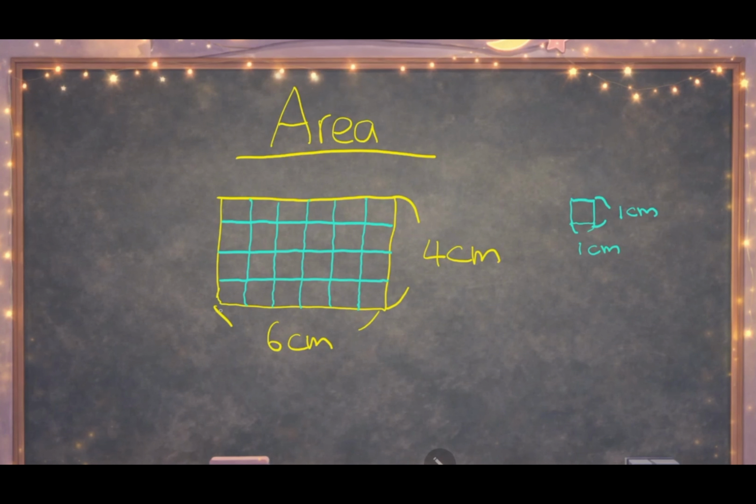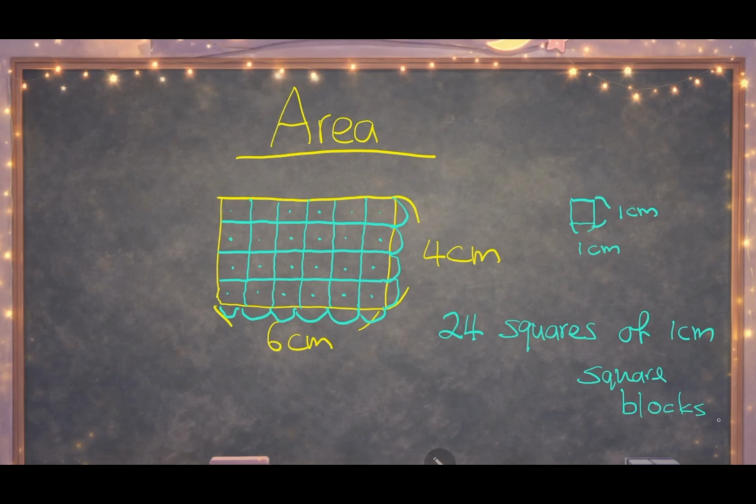Here, I have placed 6 squares along the length and 4 along its width, because 1 square is 1 centimeter. If you have lots of time, you can count each of the squares. And we know that there are 24 squares inside the rectangle.